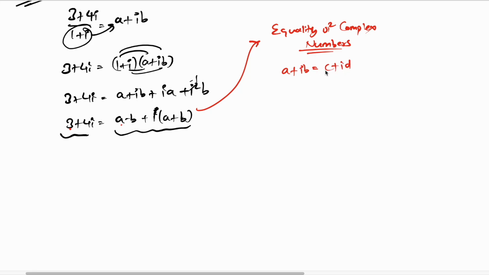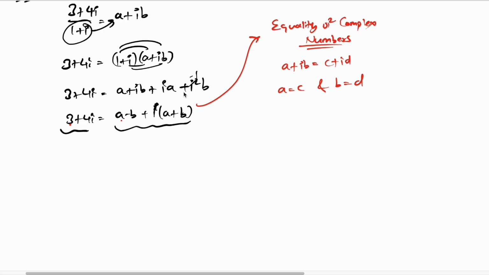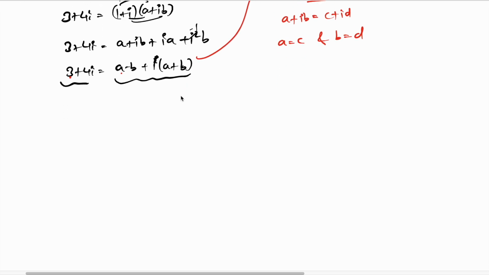So in the general case, if I'm equating a plus ib to another complex number c plus id, this equation yields two conditions. Firstly, a is equal to c, and the second one is b is equal to d, since both the real parts and the imaginary parts of the two complex numbers have to be equal. So in this case, the equality condition will give me two equations.